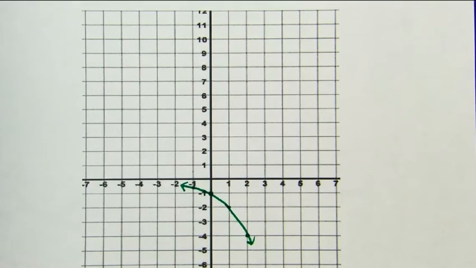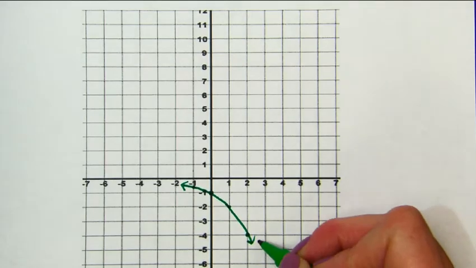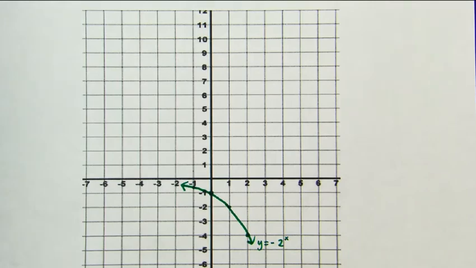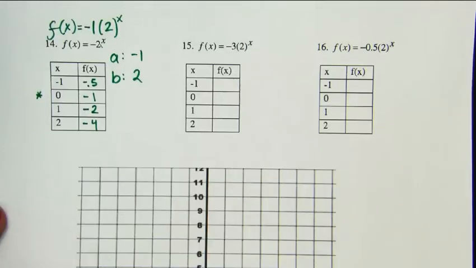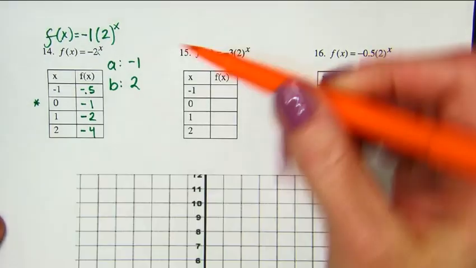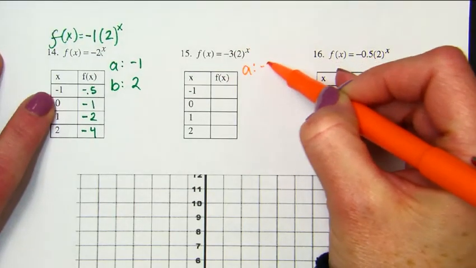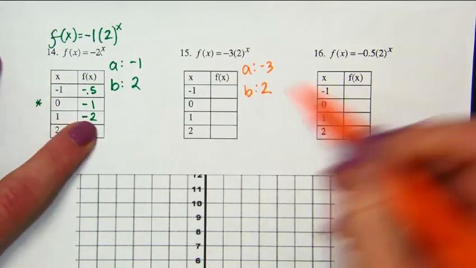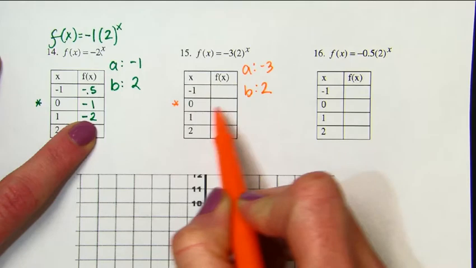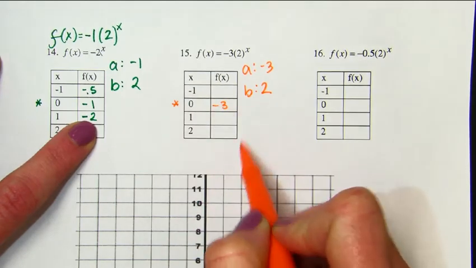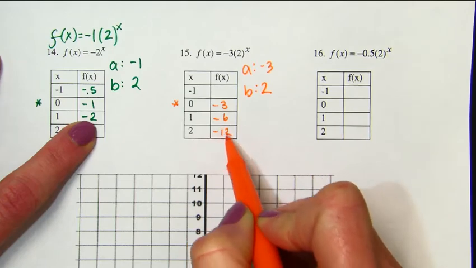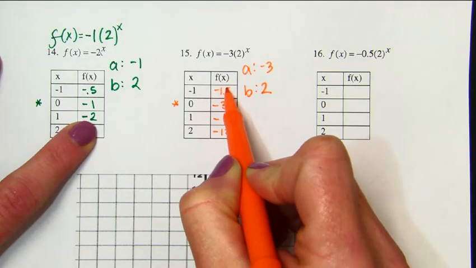Okay, that's a new shape that we haven't seen yet. And then number 15. Same process, label our a and the b. Our a is our y-intercept, we have found. b is our ratio, so we're going to double. Then back it up and we get -1.5.